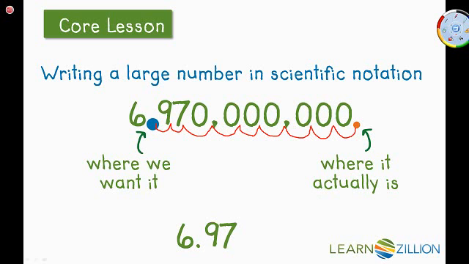All right, let's see what happens. 6.97 times, there it goes, 10 to the 9th. All right, nice work. So this is how we would write 6,970,000,000. We'd write it as 6.97 times 10 to the 9th power.